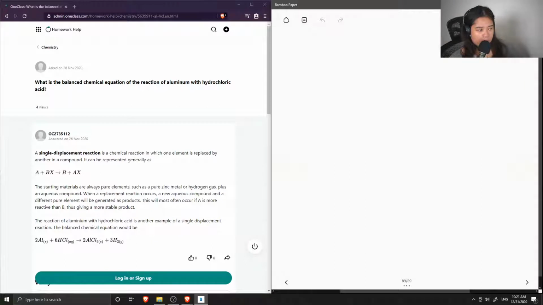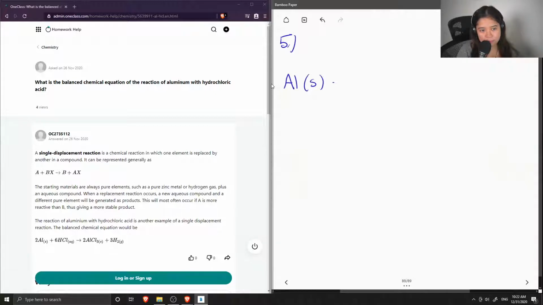Okay, so question 5. What is the balanced chemical equation of the reaction of aluminum with hydrochloric acid? Okay, so let's show aluminum reacting with hydrochloric acid.